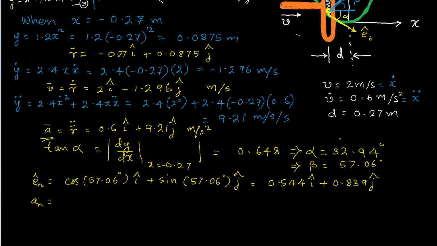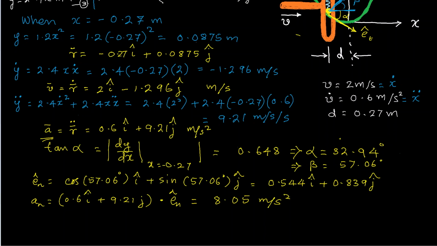So this acceleration, that is 0.6i plus 9.21j, we will dot with this en. If you do that, you will get 8.05 meters per second squared.